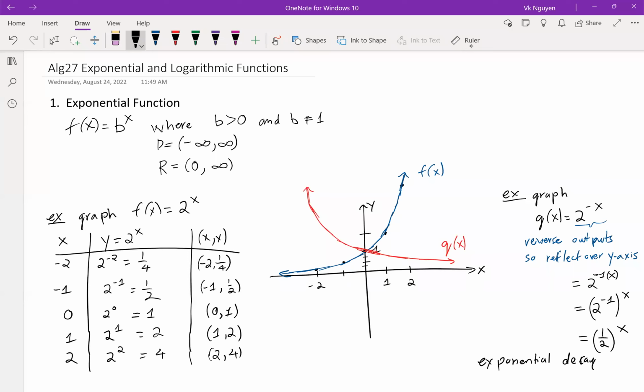And for the base to be more than 1, we call this exponential growth. I'm going to write on the graph here.